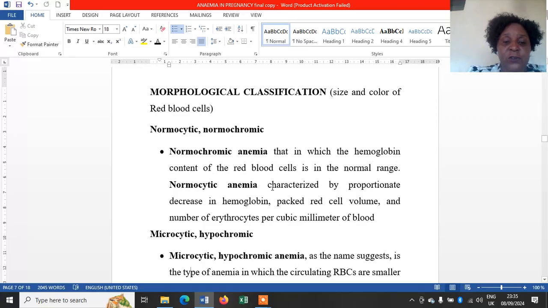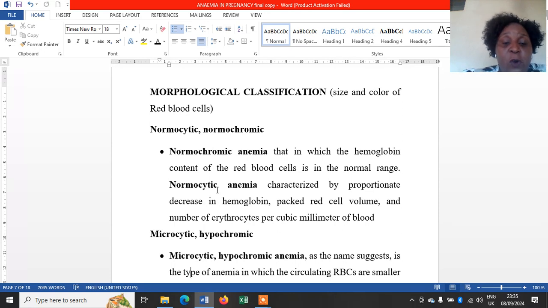So here we have two words. Chromic means color, cytic means size. So this mother might present with anemia, but on examination, her cells are normocytic and normochromic. It means the cells are very normal, of a normal size and of a normal shape.